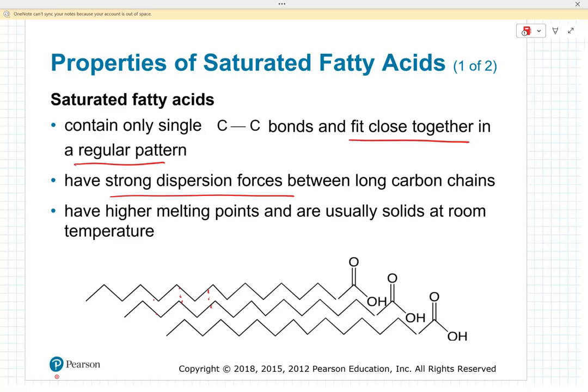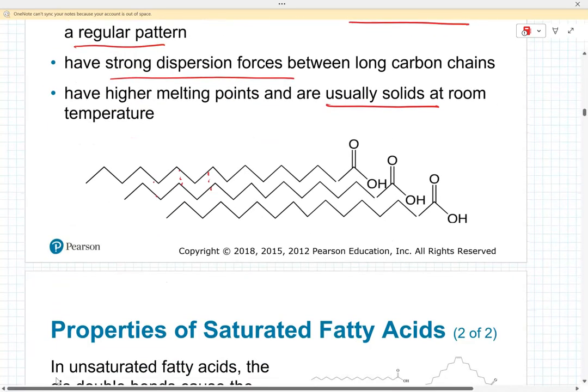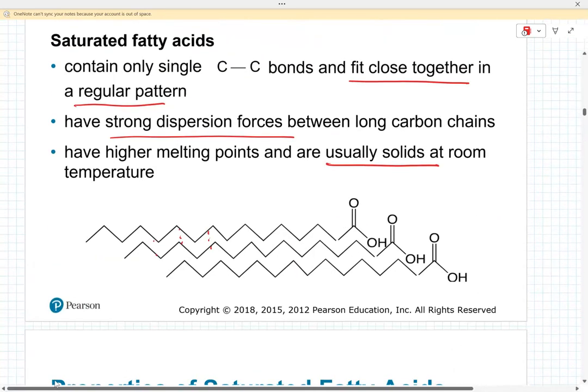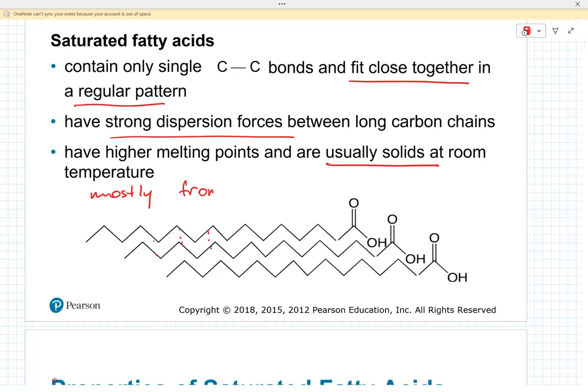So usually solids at room temperature, and mostly, not exclusively, mostly from animals.